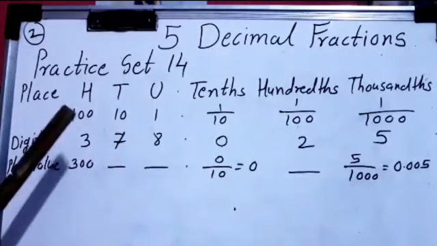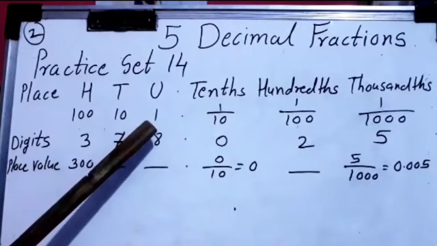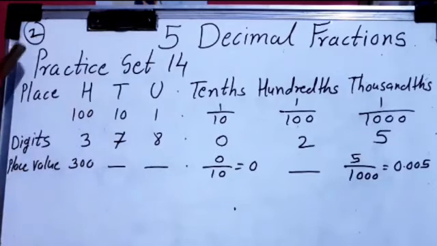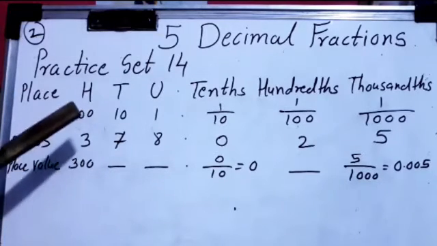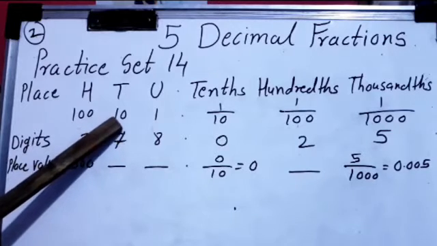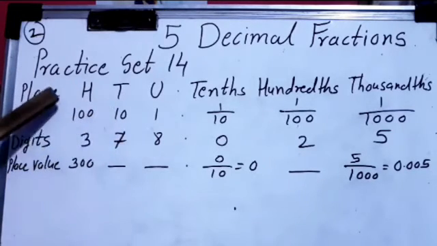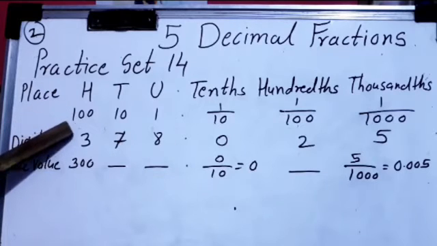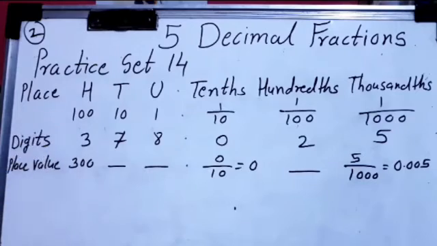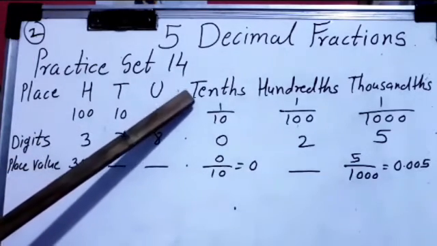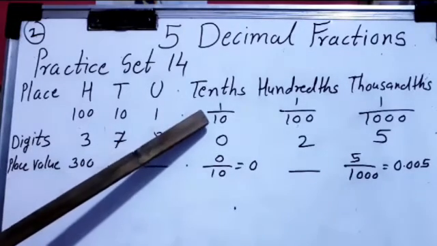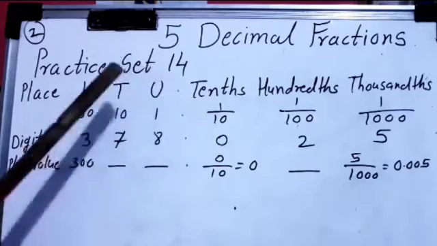So for the unit place we simply write whatever digit is there, as it is. For tens, whatever digit is there, we put one zero on that. For example 10, and for the 100 place value, on that particular digit we give 2 zeros. Then when we write the place value of the 10th place, we write it in the form of numerator and denominator.